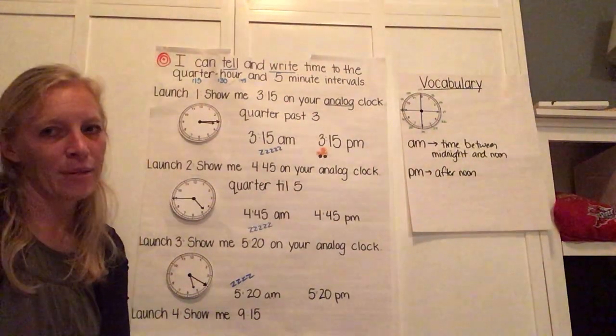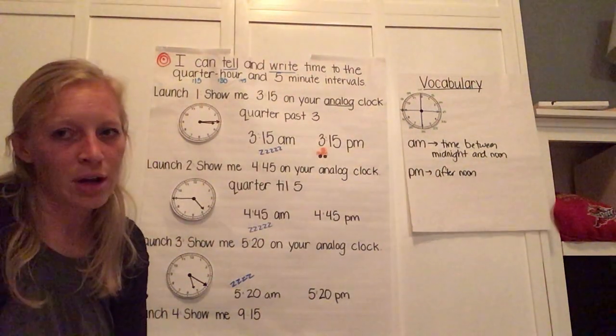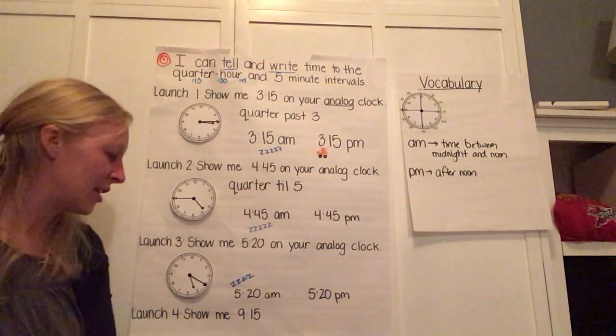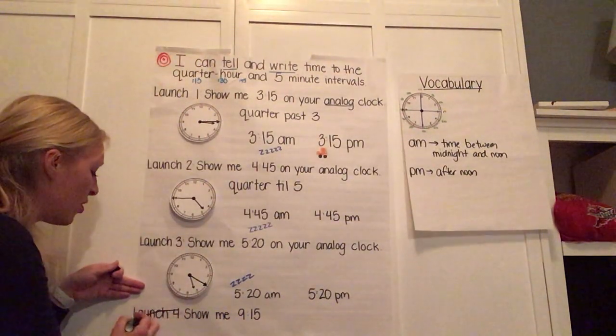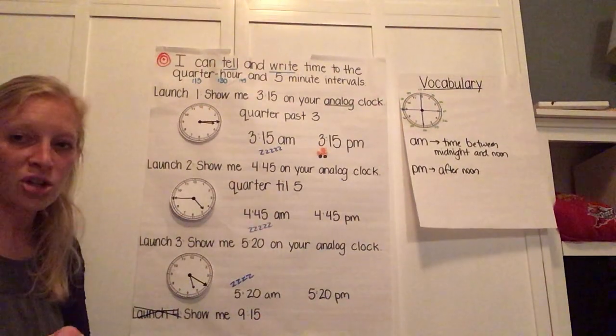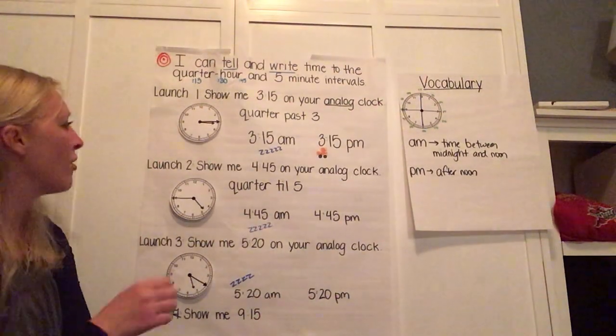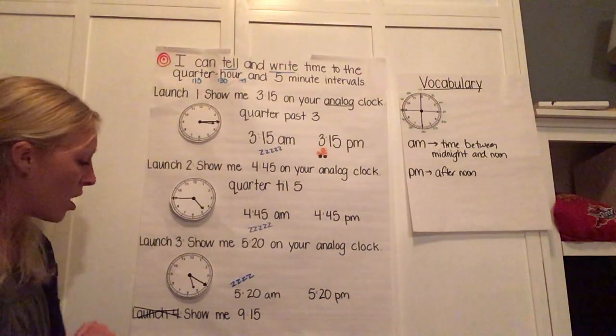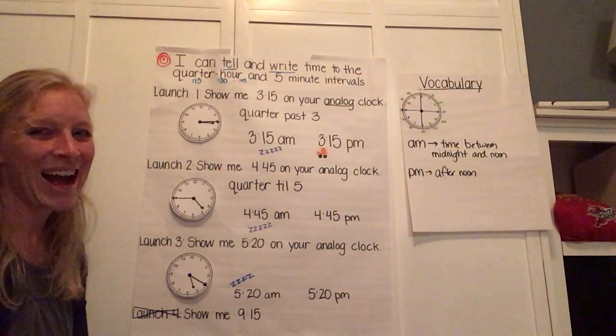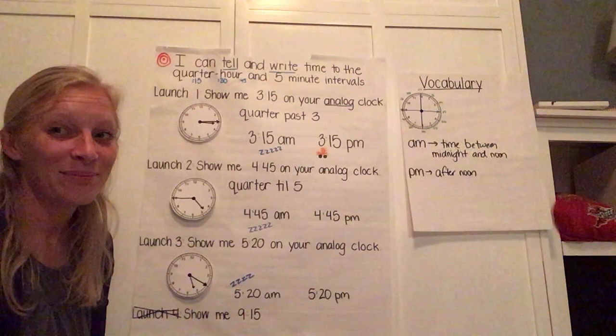All right. Now, on your own, your exit ticket for today. I have it as launch number 4, but I want you to do it on your own and show me what you know. How can you draw this time on your analog clock? I want you to show me 9:15.